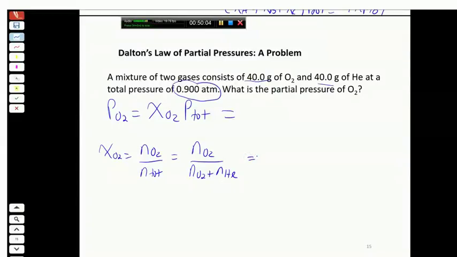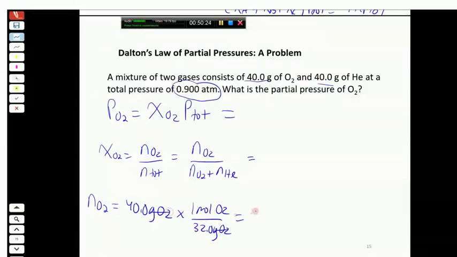Alright, so we have to find the moles of each gas. This should be old hat by now. So we have the masses of each. We convert them to moles using molar mass. So we have 40 grams of O2. The molar mass of O2 is 32. So we divide by the molar mass to get moles of O2. So our mixture has 1.25 moles of O2.